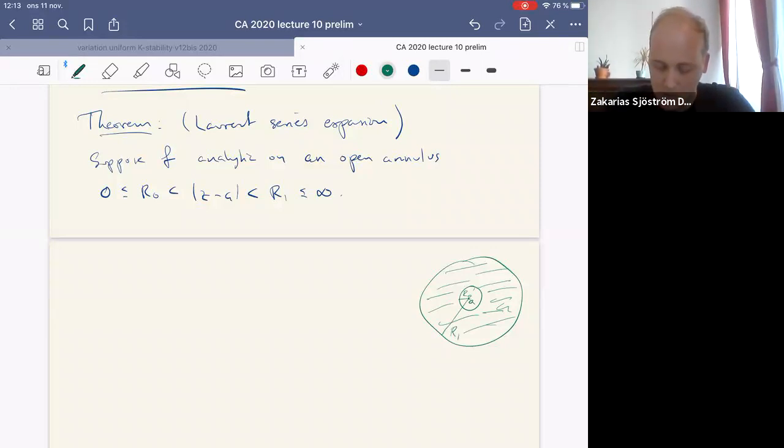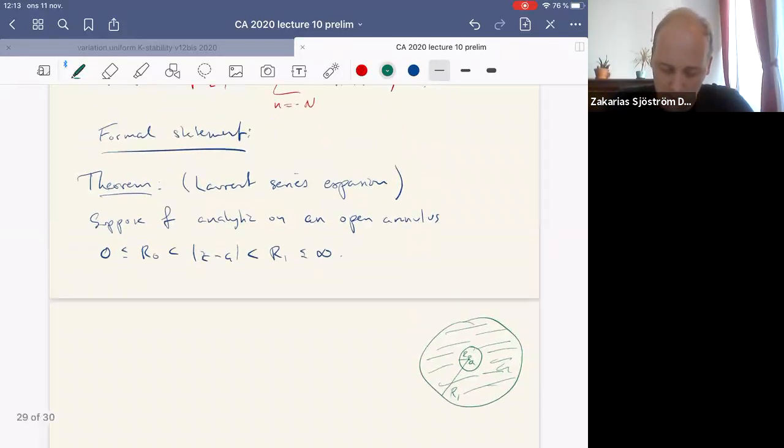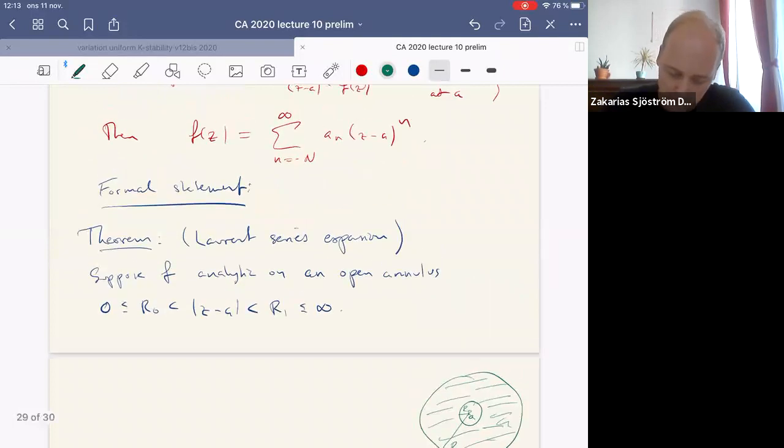So first of all, why am I looking at an annulus, right? Well, the point is that when I have this expansion up here, then it's equal to, so I divide it into the two parts, okay? And this thing here is called the singular part.